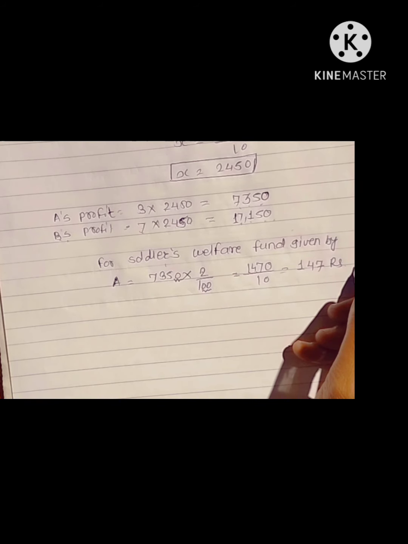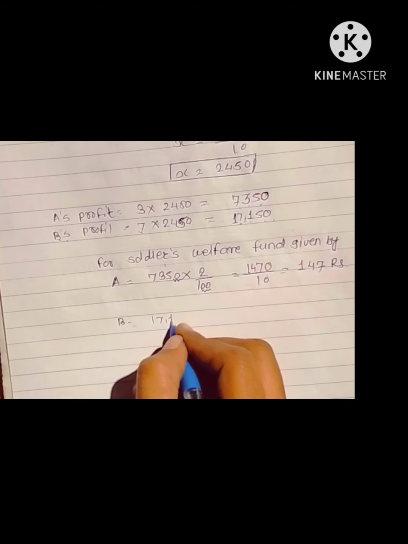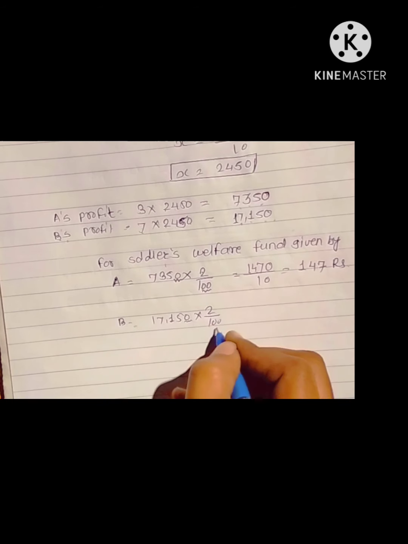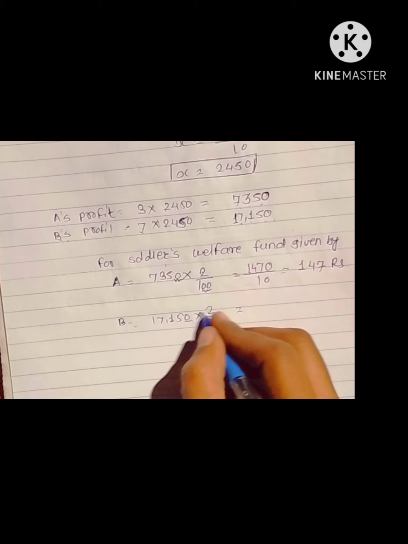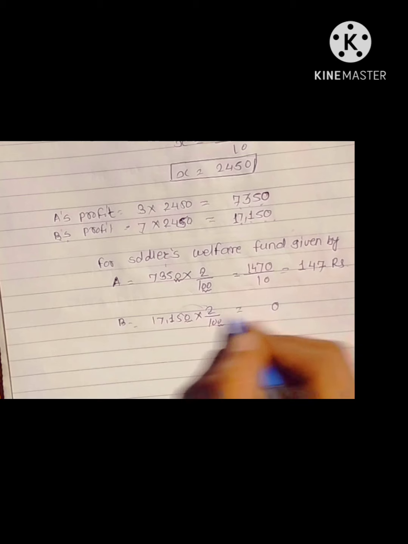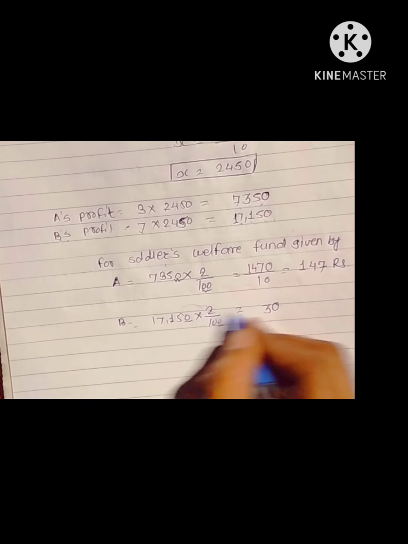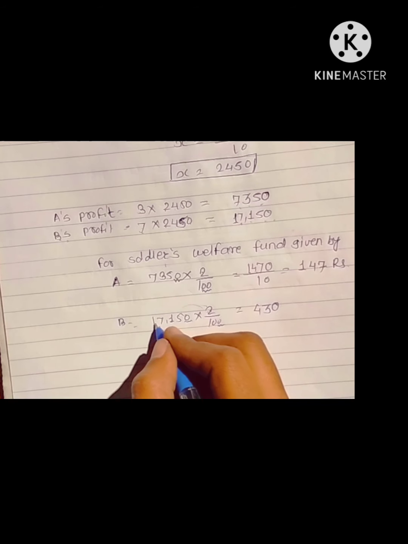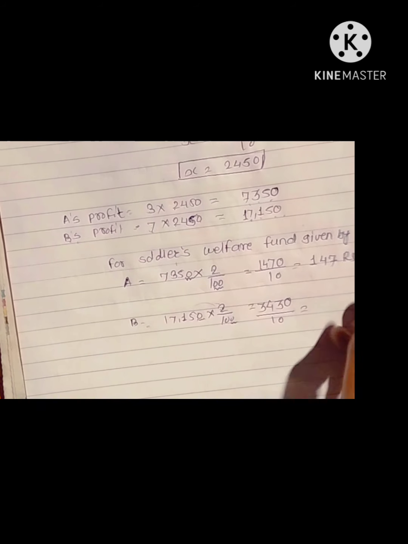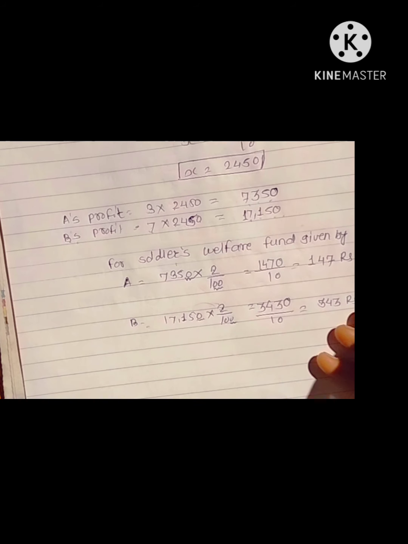And B's share is equal to 17,150 rupees into 2 upon 100. So again this 0 cancels with this 0. We will take the multiplication of these two numbers. Then we get the answer: 5 2s are 10, 1 is carried over. 2 1s are 2 and 1 is 3. Then 2 4s are 8 and 2 7s are 14. So 3,430 upon 10 is equal to 343 rupees.